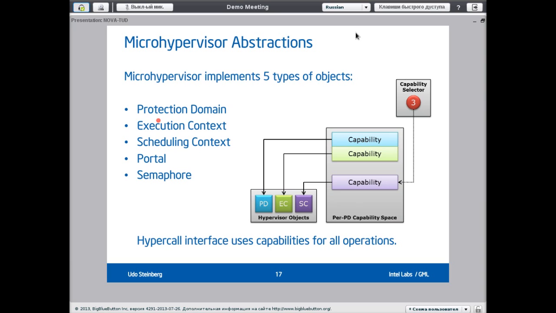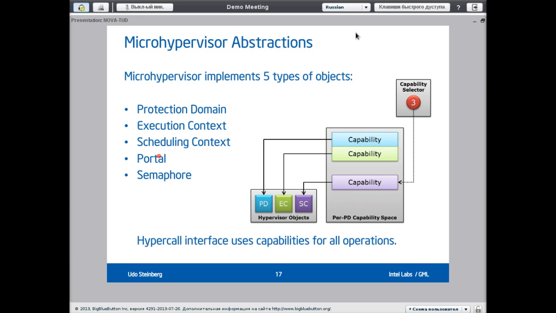In terms of a virtual machine, that would be a virtual CPU, or if you're talking about an address space, then an execution context would be a thread. We have scheduling contexts that define who can utilize the CPU for how long, at what priority. We have portals that are entry points between different protection domains. So if you want to communicate from one protection domain to another, you would go through a portal. And we have semaphores as synchronization objects.